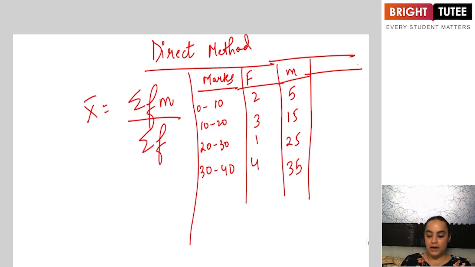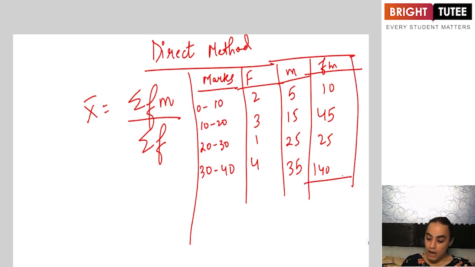According to my formula, I need f into m. So 5 into 2 is 10. Then 15 into 3 is 45. 25 into 1 is 25 and 35 into 4 is 140.